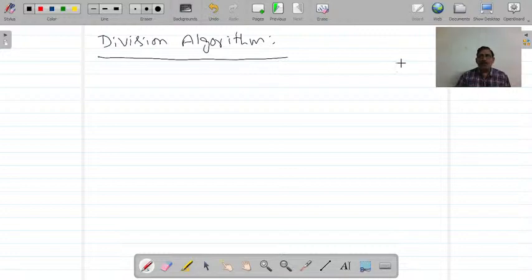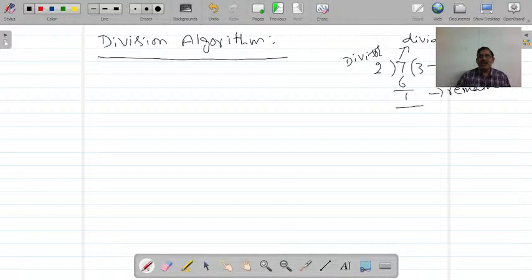I will explain you with a simple example. Suppose we are dividing 7 with 2. 3 2s are 6, 1 is the remainder. This is divisor, this is dividend, this is quotient, and it is remainder.